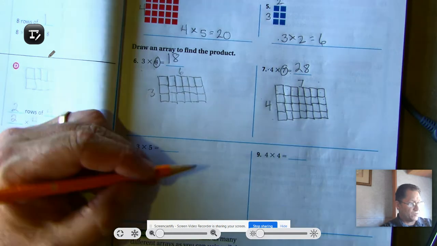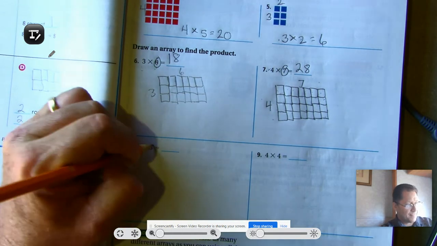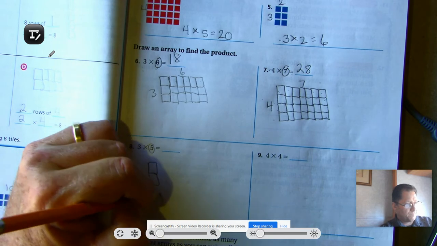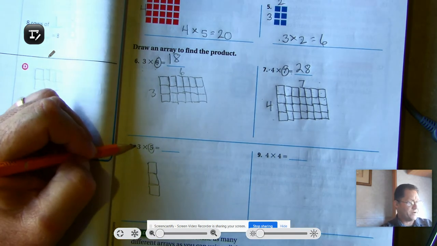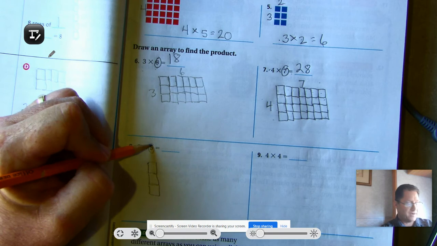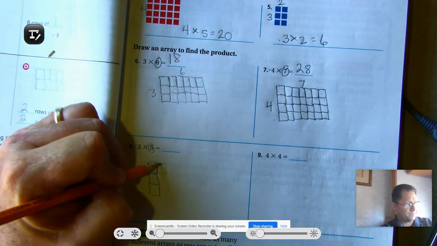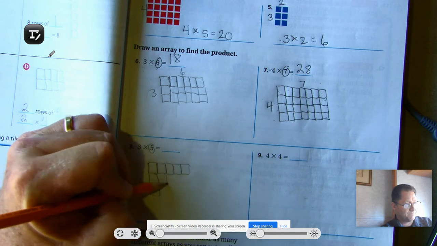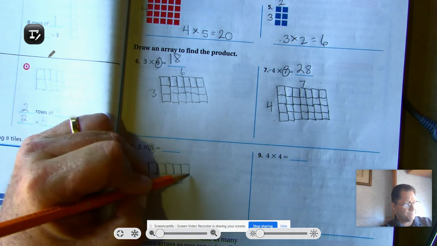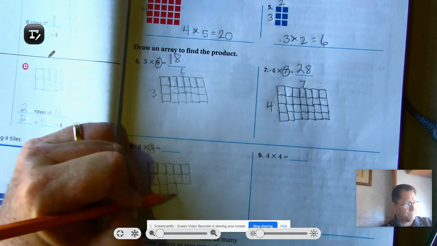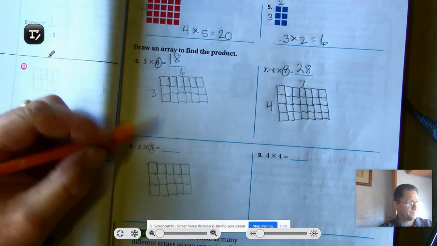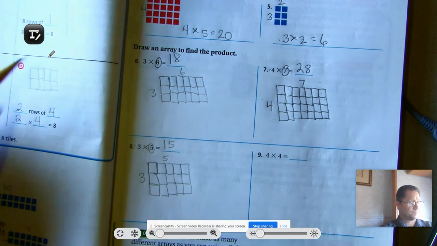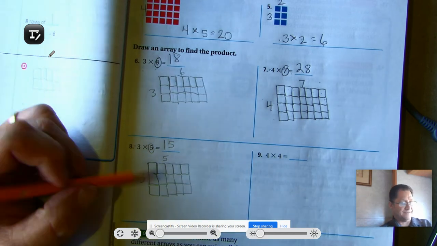Number 8, 3 rows of 5. Okay, so the first number is how many rows. The second number, how many are in each row. Five, 10, 15.